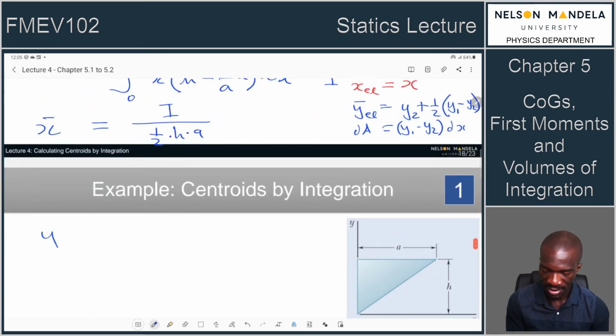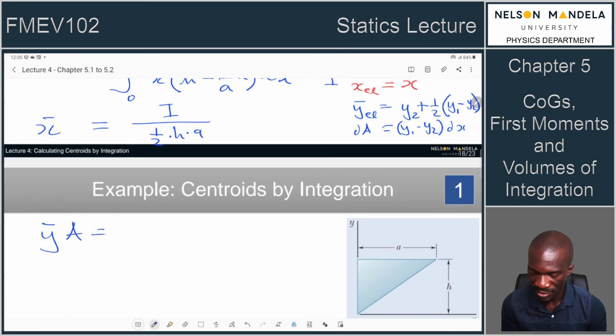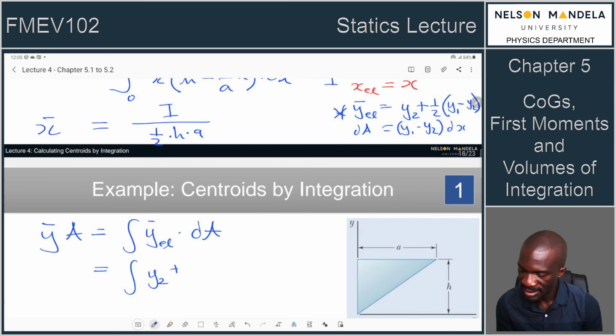The same applies. y bar A is equal to the integral of y element dA. What is y element? It's defined. It's the integral of y2 plus half of y1 minus y2.